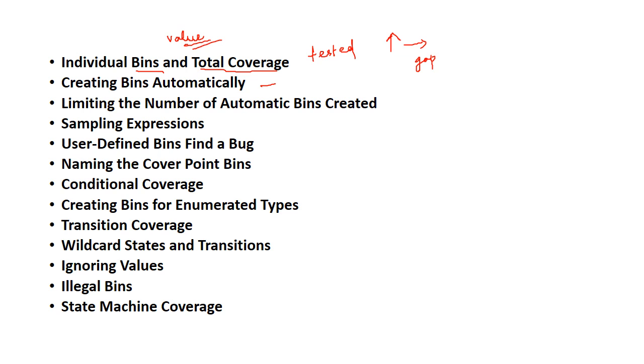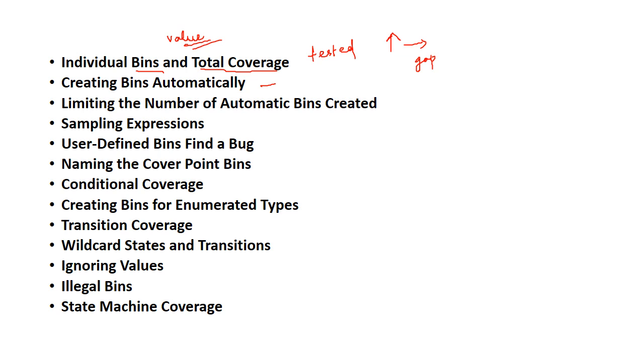Individual bins are explicitly defined by the user in order to cover specific values or ranges of values. This also gives us detailed tracking of how often each individual value or range of values is hit during the simulation time.